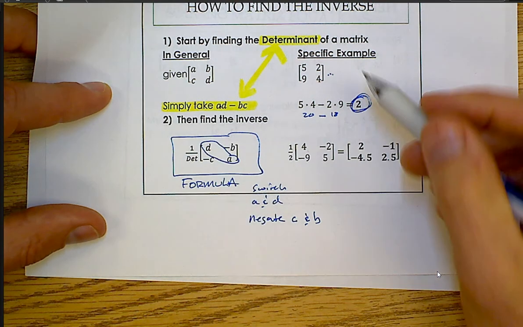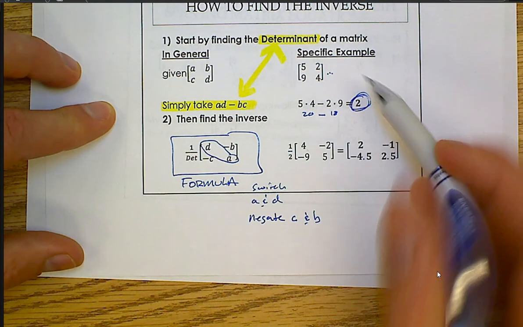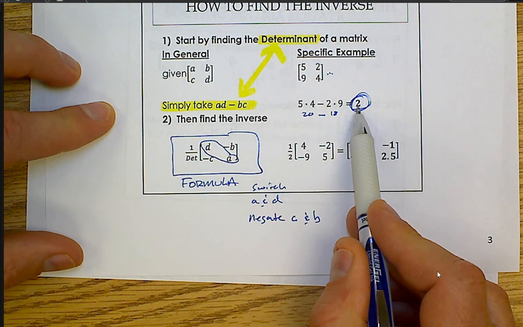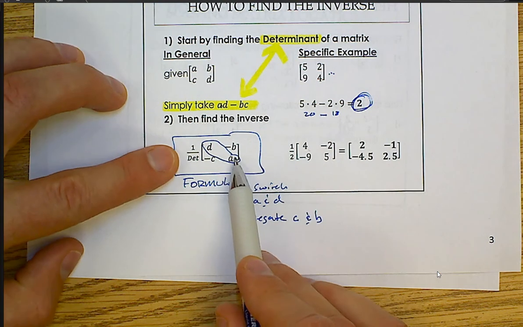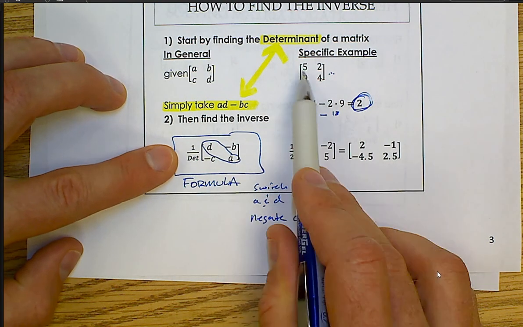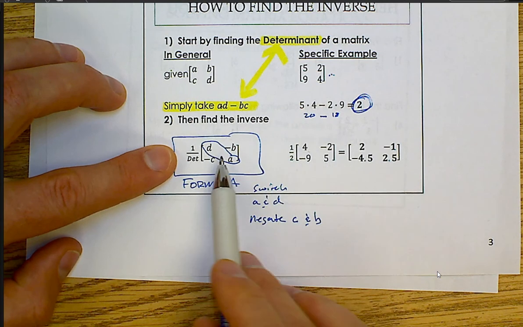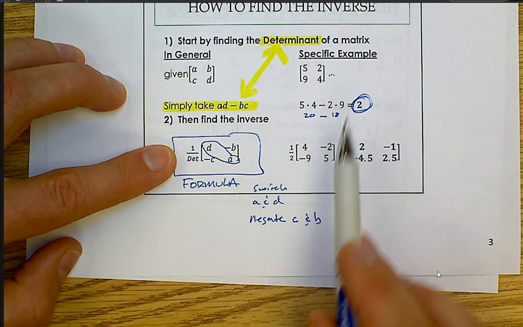So with this example that we did, here's how I would find the inverse. I go 1 over the determinant. We found the determinant to be 2, so it's 1 over 2. And then you'll notice I switched my A and my D, right? It was 5, 4, but look at here, it's 4, 5. And then I negate my B and C. My B and C were 2 and 9, so now they become -2 and -9.